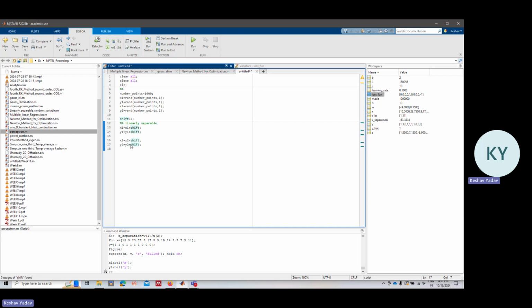So by subtracting 2, my x2 and y2 will lie between minus 2 and minus 1. So I have now generated random variables that are linearly separable. Let us see whether they are or not. Figure. I will open a new figure.